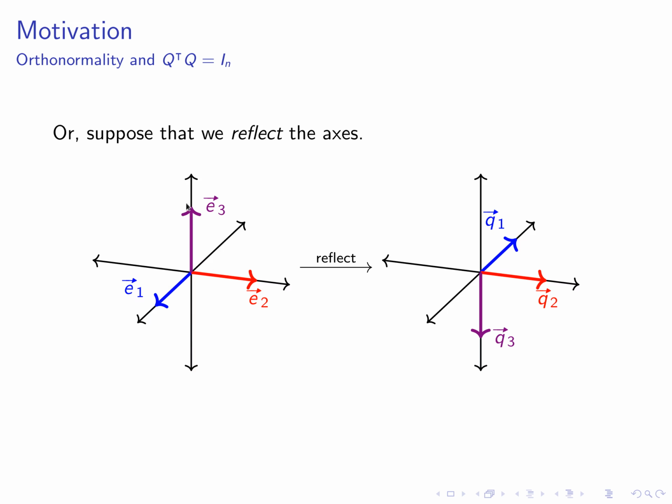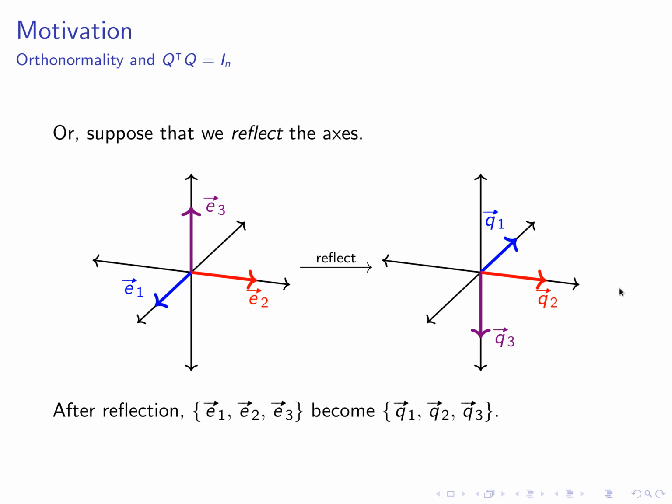So maybe the original positive z-axis becomes the new negative z-axis. And then in this figure, also maybe we're reflecting this blue vector, meaning that the original positive x-axis becomes the new negative x-axis. Also in this figure, it looks like maybe we're keeping the original y-axis the same. So we're reflecting through certain coordinate planes.